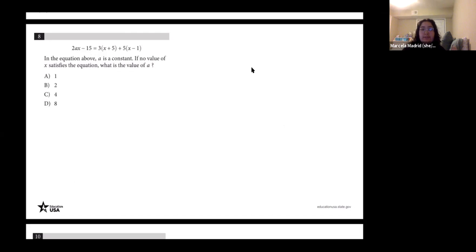Okay, and that was time. We currently have 1 answer, which is C for question number 8. Any other guesses as to the answer?